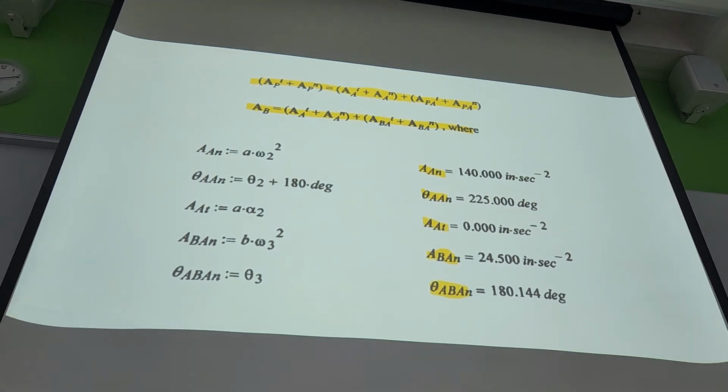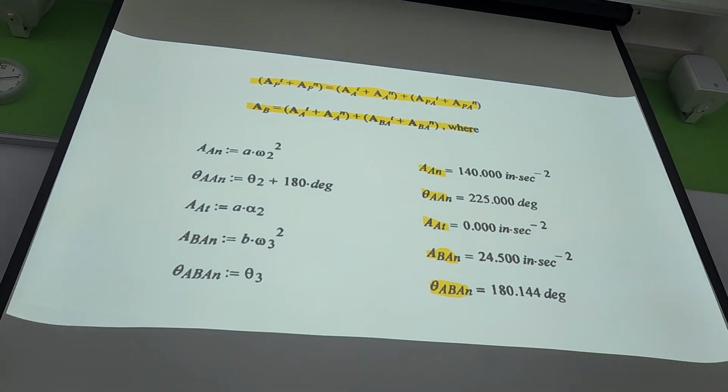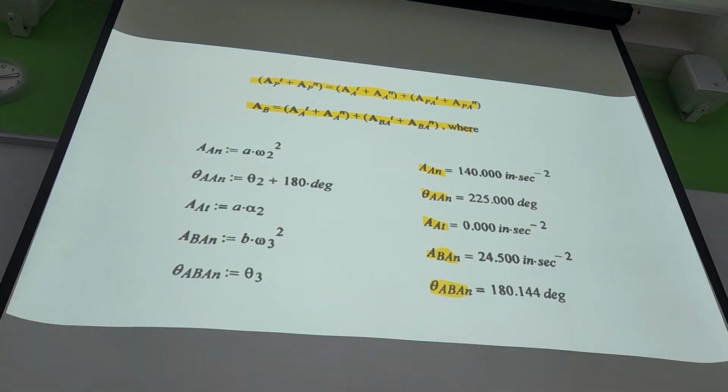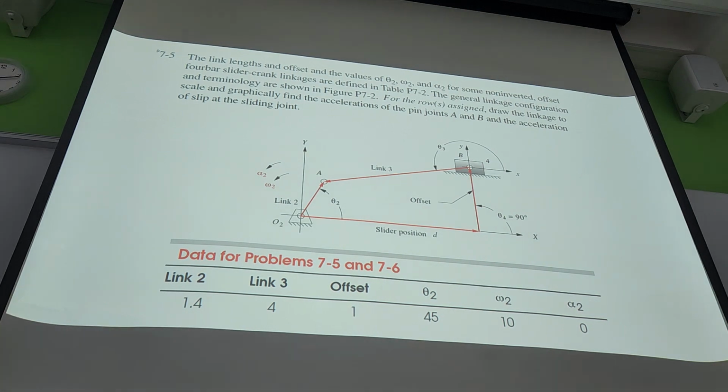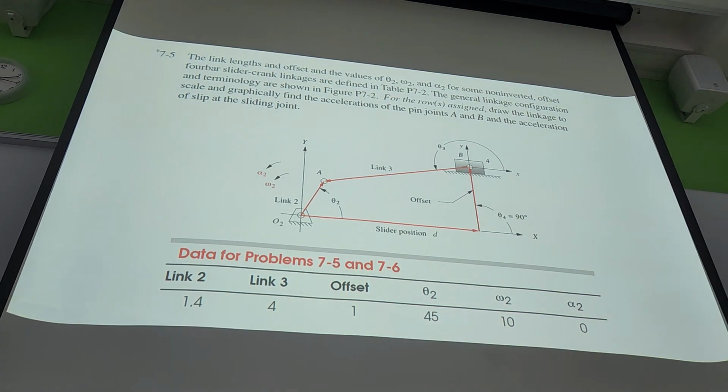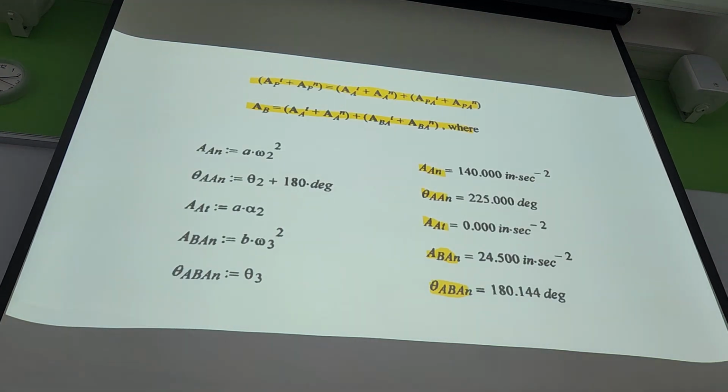So you can write acceleration of B is A normal plus A tangent, plus BA tangent plus BA normal. A normal you can calculate as OA into omega 2 squared. Omega 2 is given, right? How much omega 2? 10. So 100 into 1.4, that is 140.